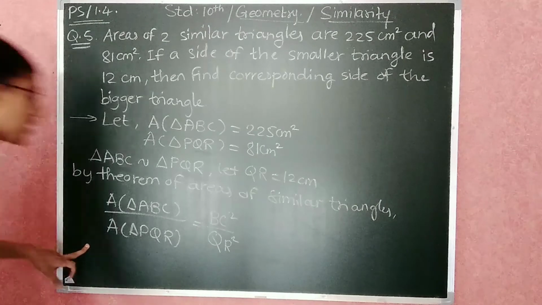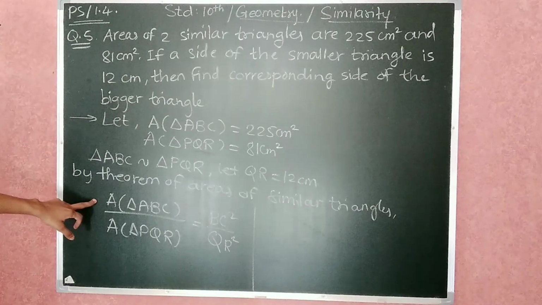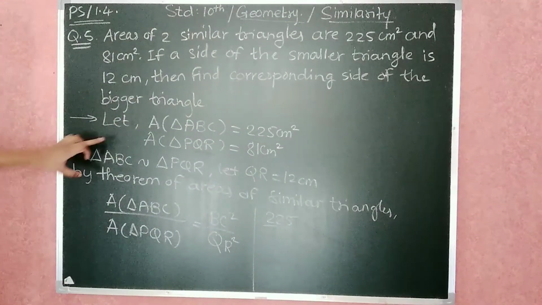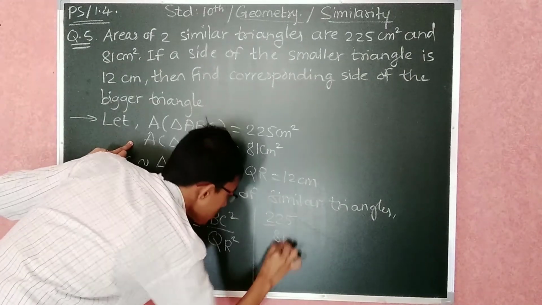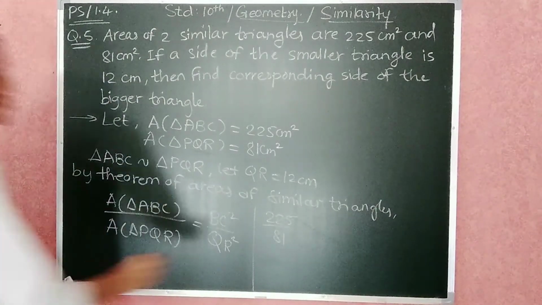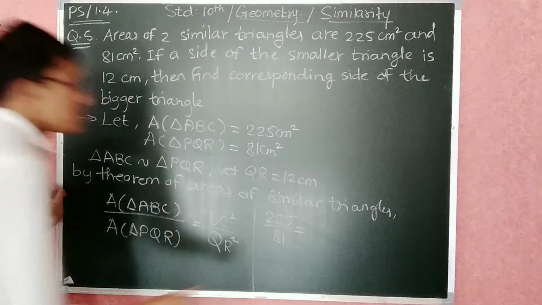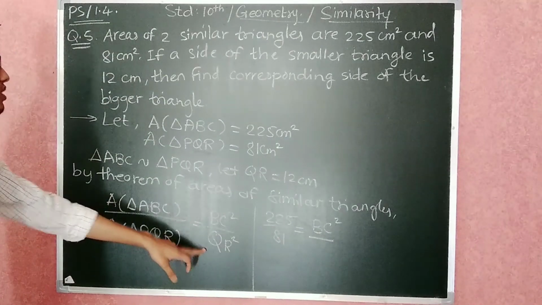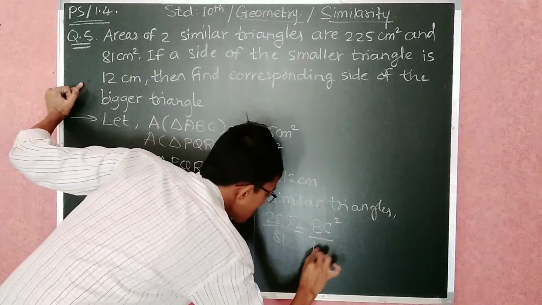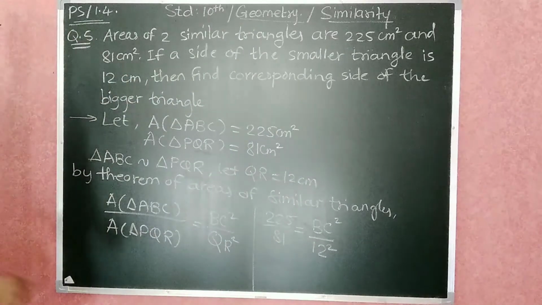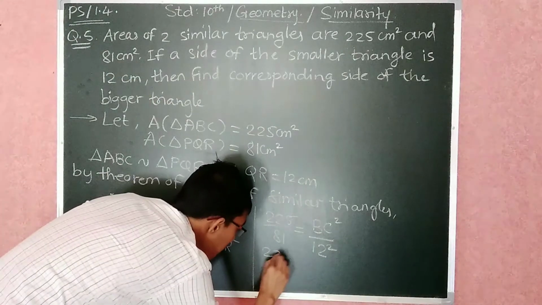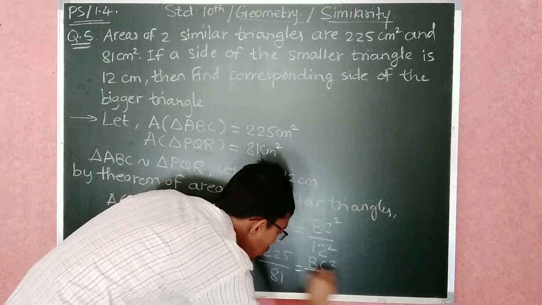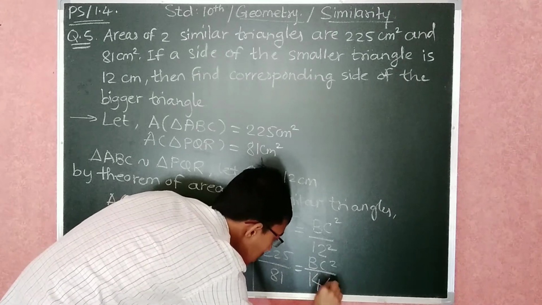Now the area of triangle ABC is given, that is 225, and the area of triangle PQR is 81. So 225 upon 81 is equal to BC square, which we keep as it is, upon QR square, and QR is 12 centimeter. So 12 square. What is the square of 12? 12 square is 144.